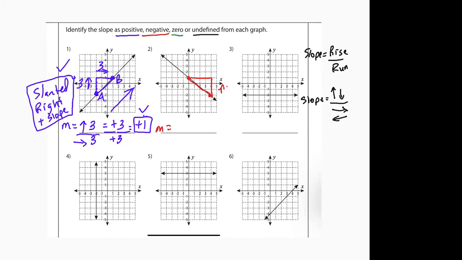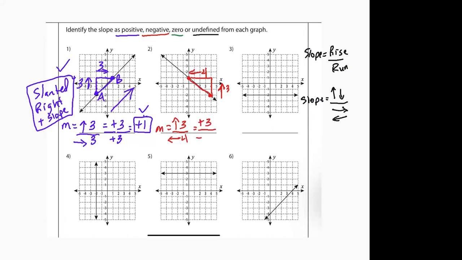But then, instead of going to the right, it looks like I went backwards 1, 2, 3, 4. So I went to the left 4. That's a positive 3 over a negative 4, which simplifies to negative 0.75.